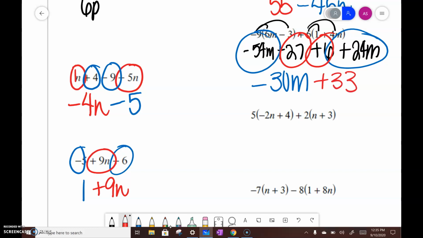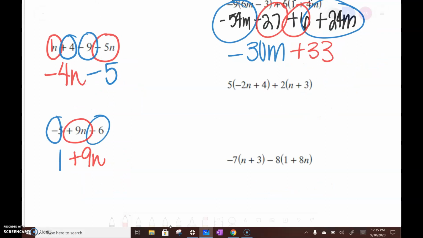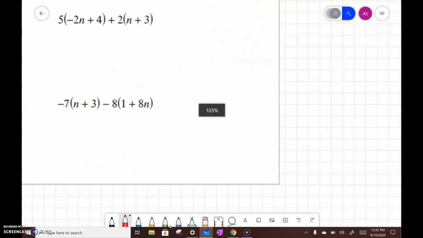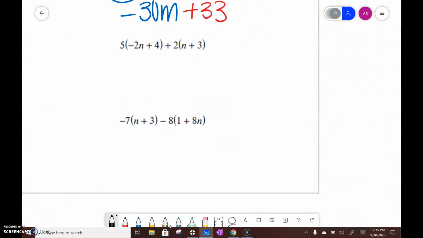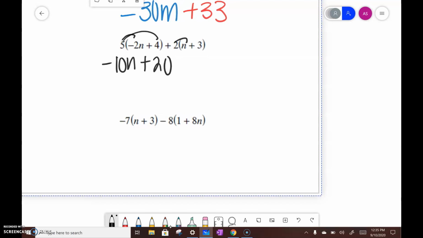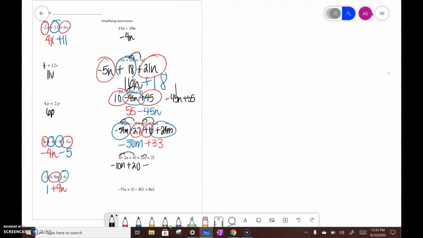All right, let's look at this next one. We have 2 more. All right, so I have 5 times negative 2n. That's going to be negative 10n. I have 5 times 4. That's going to be 20. Okay, let's look at this next part. I have 2 times n. That's going to be plus 2n.